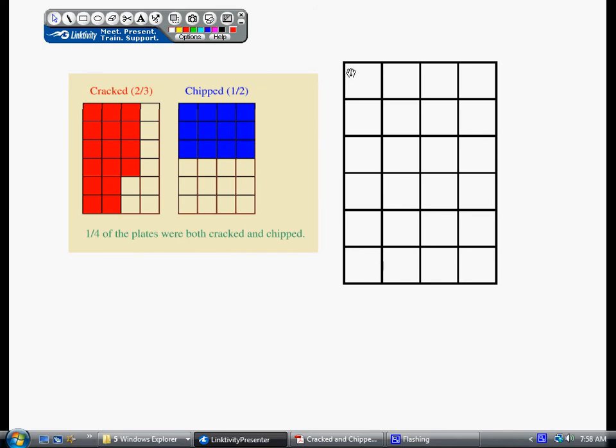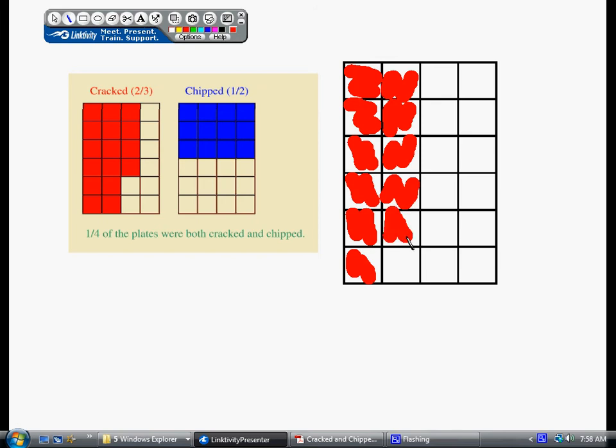I'm going to shade in 16 of the squares. 1, 2, 3, 4, 5, 6, 7, 8, 9, 10, 11, 12, 13, 14, 15, and 16. Just like here, nothing new.